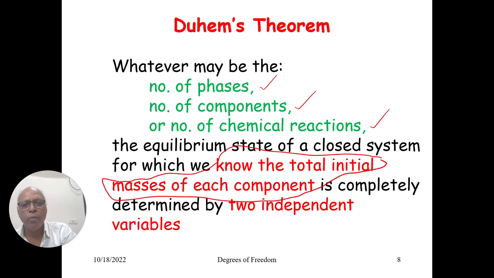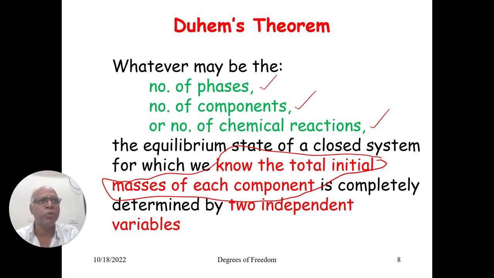Please concentrate on this statement. So once we know the total initial mass with respect to each and every component that is present in the system, we will be able to determine the equilibrium state provided you are in a position to define two independent variables.